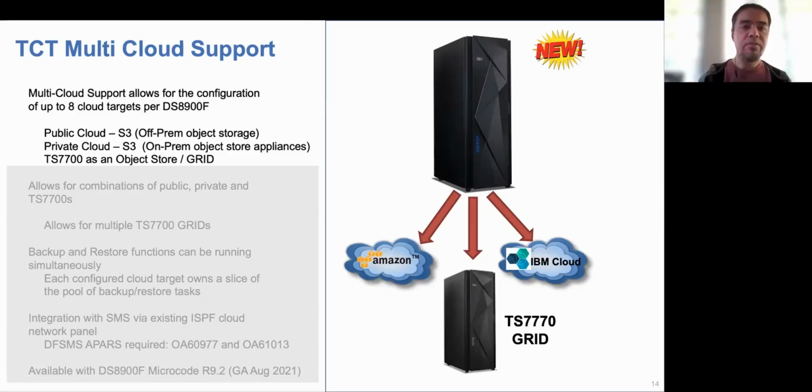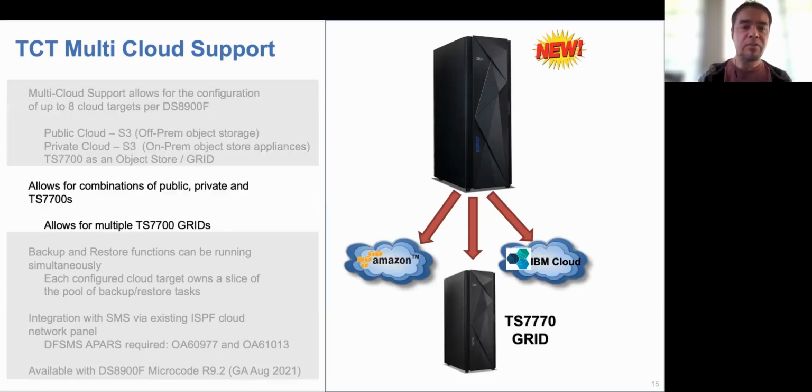We are now introducing multi-cloud support, and with multi-cloud support for the DS8900, we now allow you to configure up to 8 cloud targets. Those 8 cloud targets can be public cloud, off-premises object store, private clouds, on-premises object store, and even TS7700 as object store.